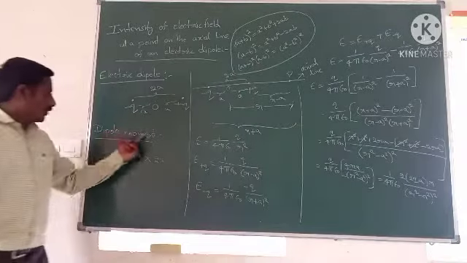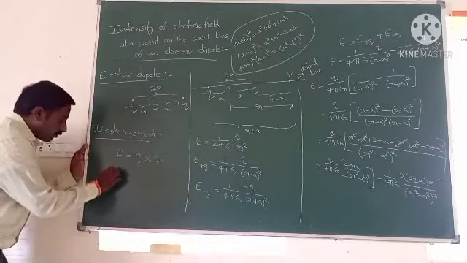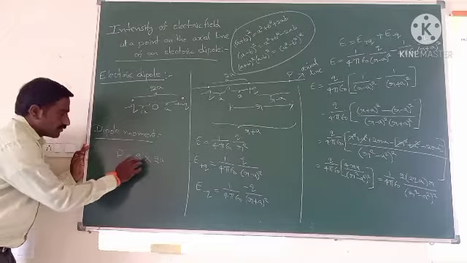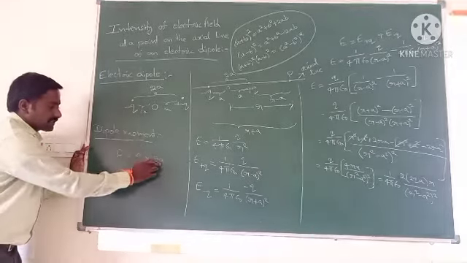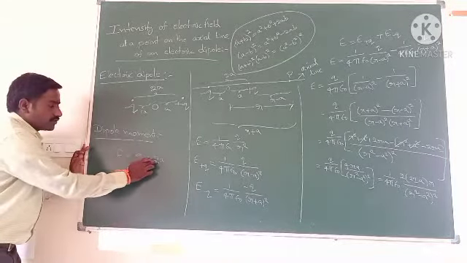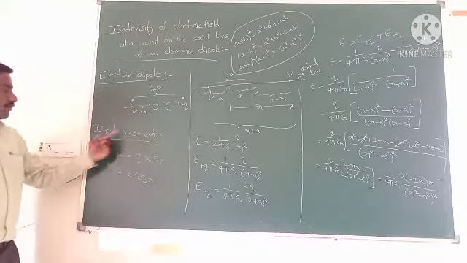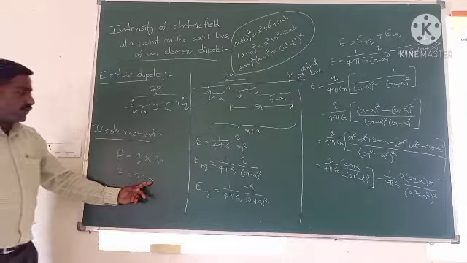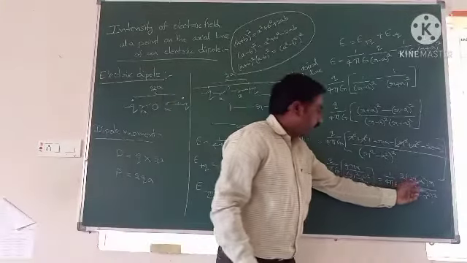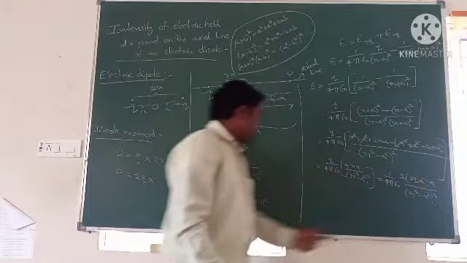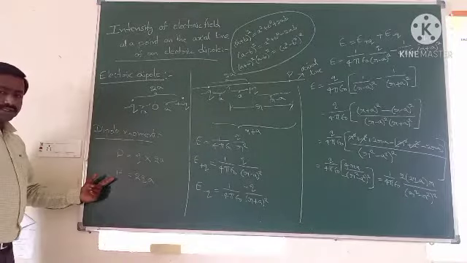Once you observe the dipole moment definition here, dipole moment p can be written as the product of charge and distance of separation, q into 2a. So this can be written as 2qa. So dipole moment p value is what? 2qa. So here also 2qa. So 2qa is replaced by dipole moment p.